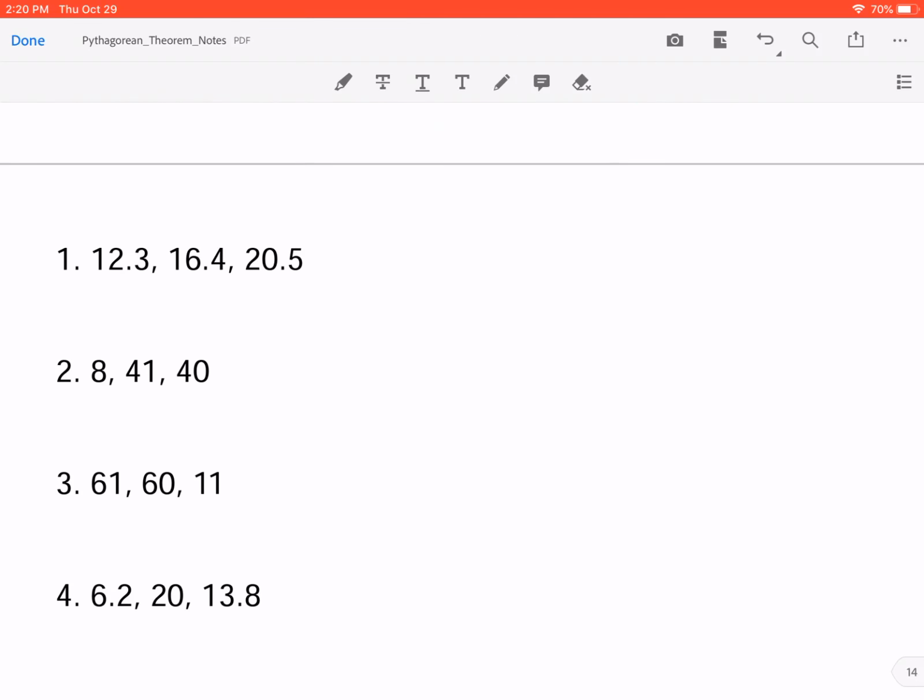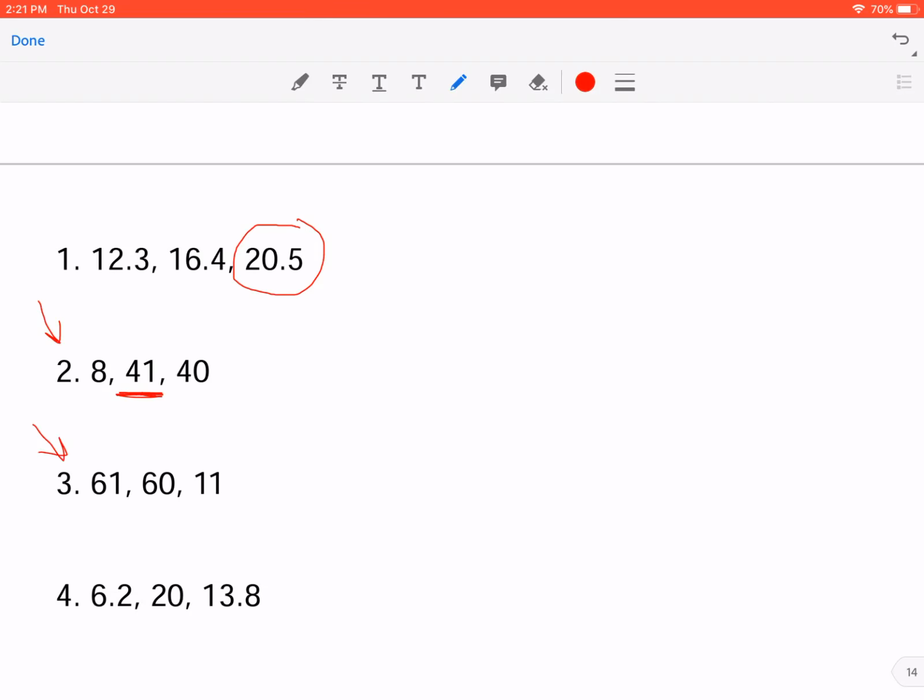All right? Now, again, I'm not going to go over all of these here. Just be careful for like homework and stuff like that. Sometimes they don't make the biggest number at the end. They did here, but look at number 2. That's the hypotenuse. 41 is the hypotenuse, so be careful how you set it up. Look at number 3. 61 is the hypotenuse.